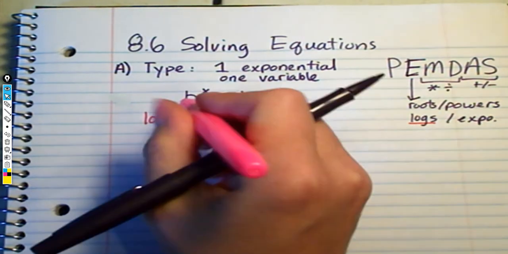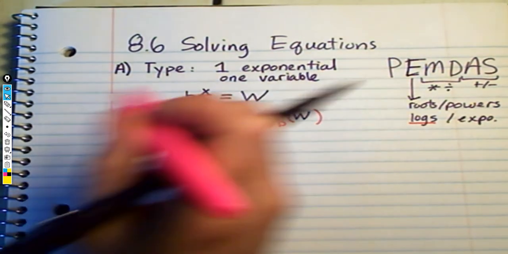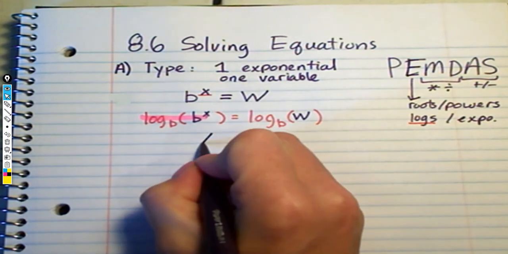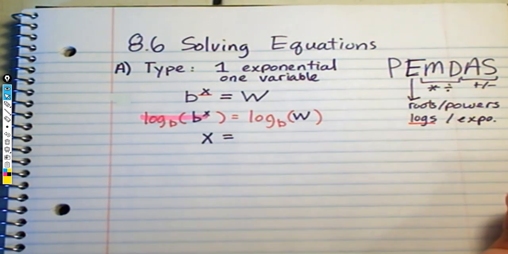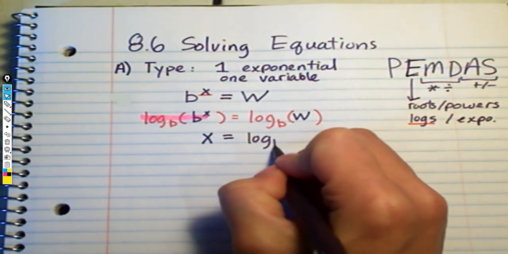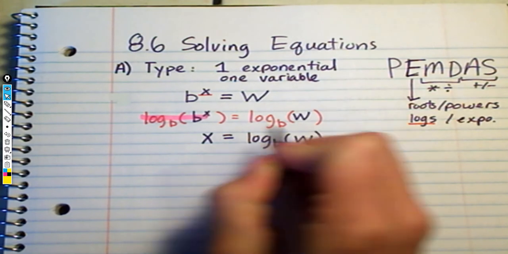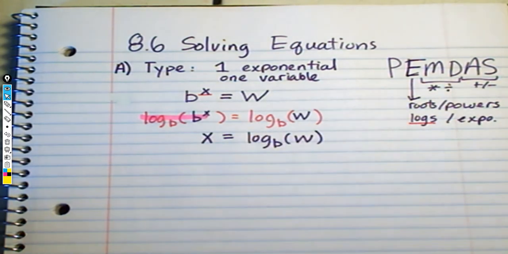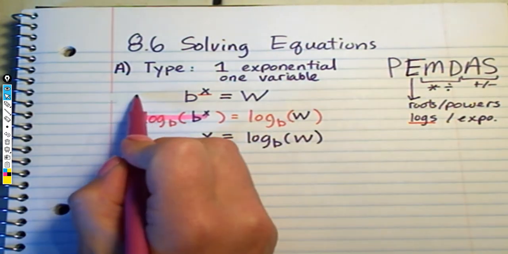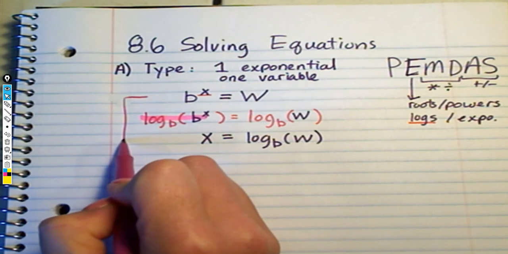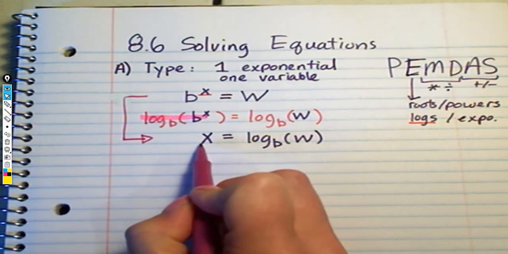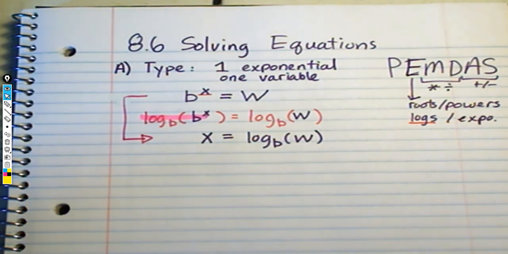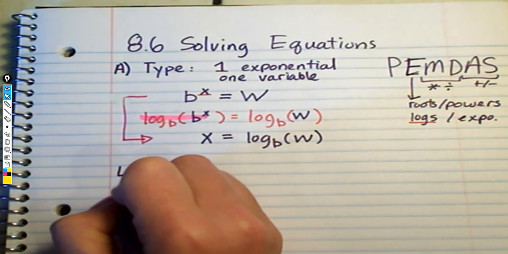Using that inverse property, we will end up with x all by itself, log base b of w. All right, look at that. If you have an exponential equation, you can solve for x by logging both sides of the equation.